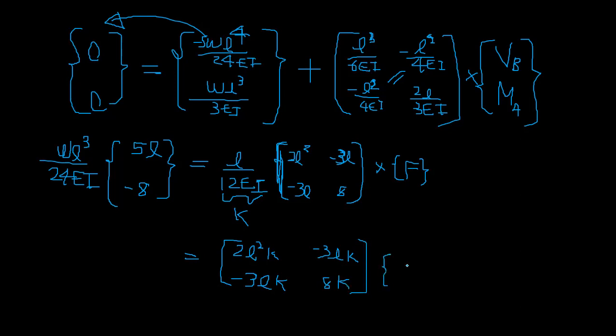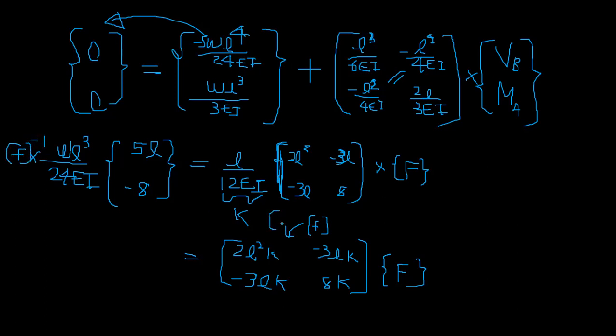So to solve this, you need to multiply both sides by the F inverse, where F is the flexibility matrix. If you multiply this by F inverse, game over, right?